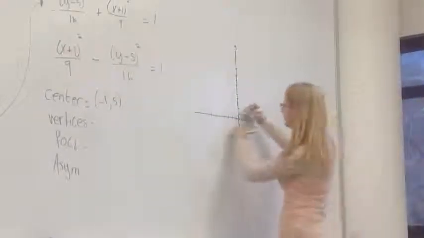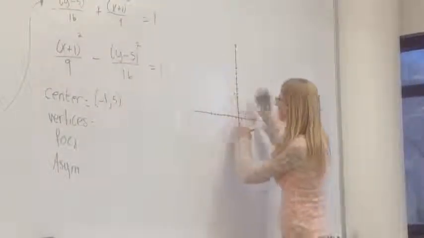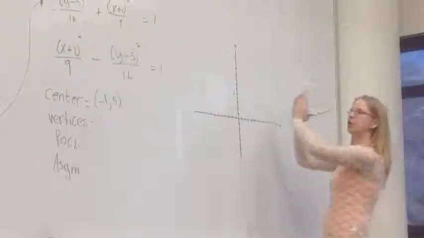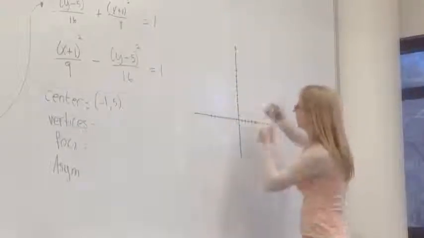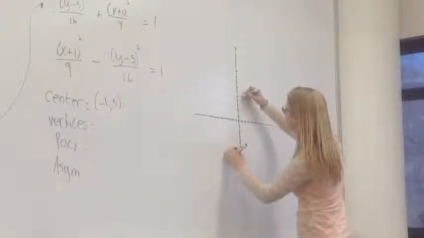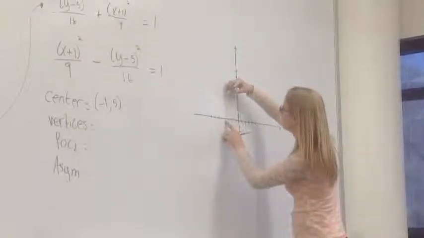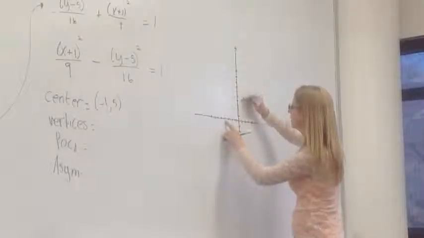So negative 1, 5. What's the next thing I plot? How many units in the x direction should I be going? 3. So 1, 2, 3. And again, you have to just pretend I'm a really good artist. I'm not so much, and I apologize.